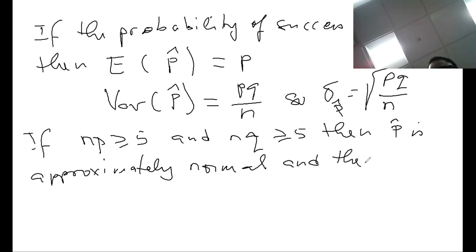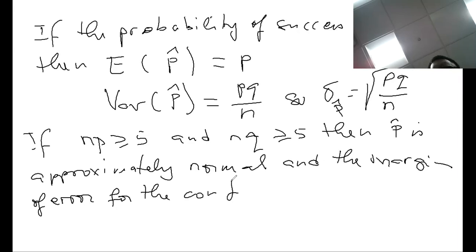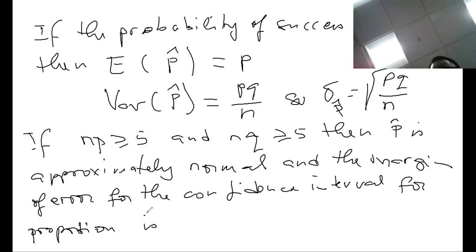And this margin of error for the confidence interval for proportion is E equals Z alpha over 2 times square root of PQ over N. We'll use P hat as an estimate of P to do that.